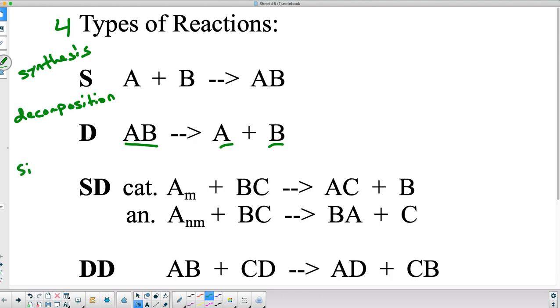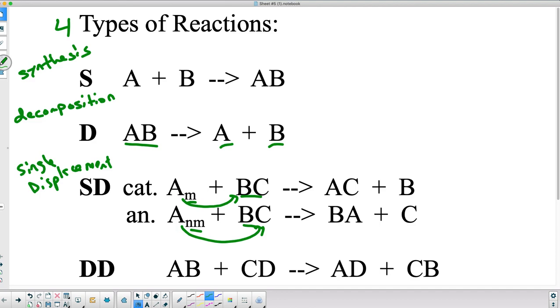We have a single displacement. Single displacement is when I take either an element, a non-metal or a metal, either a metal or a non-metal, and add it to the compound, and it switches places with either the positive part or the negative part of the compound. Either it's cationic where it replaces the cation, or it's anionic where it replaces the anion.